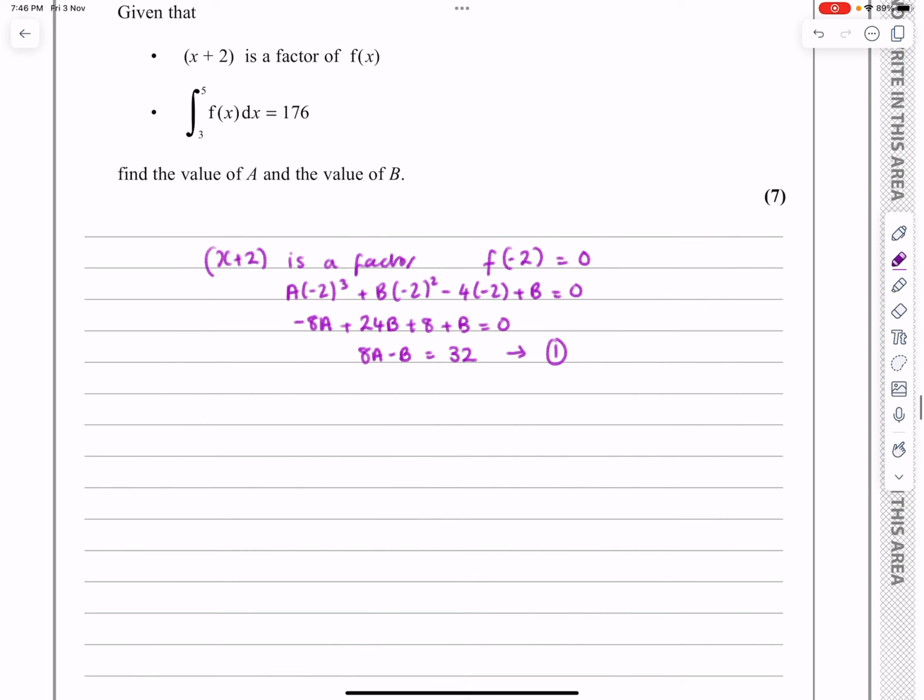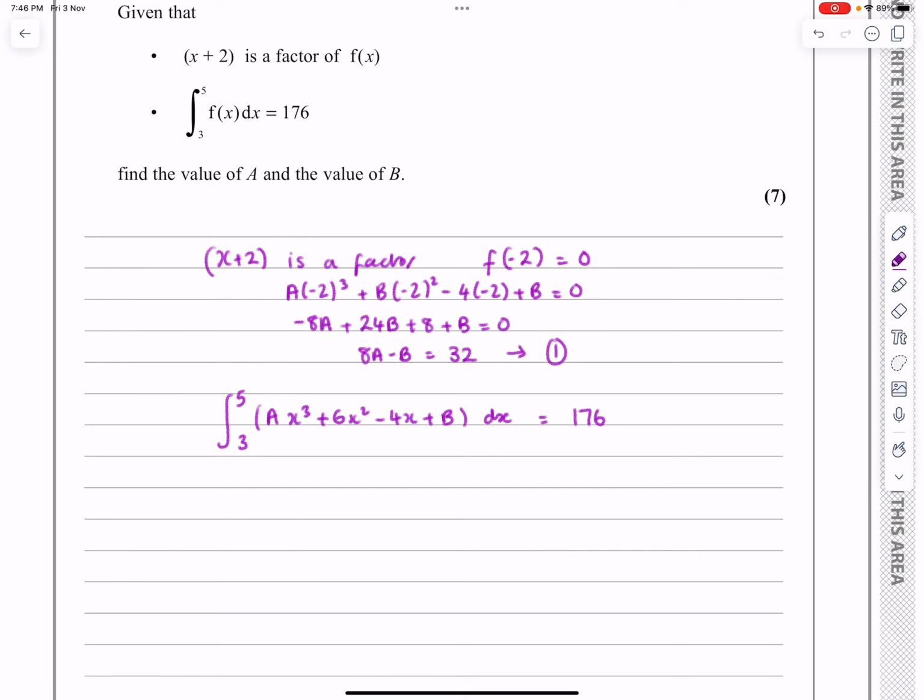Let's have a look at the second piece of information, which tells me that the integral between 5 and 3 of ax cubed plus 6x squared minus 4x plus b dx, obviously put it in brackets, the integral of that is going to be equal to 176.